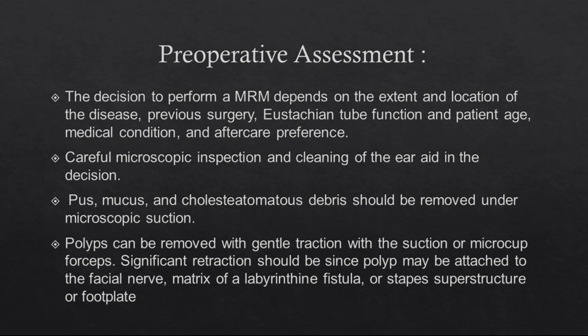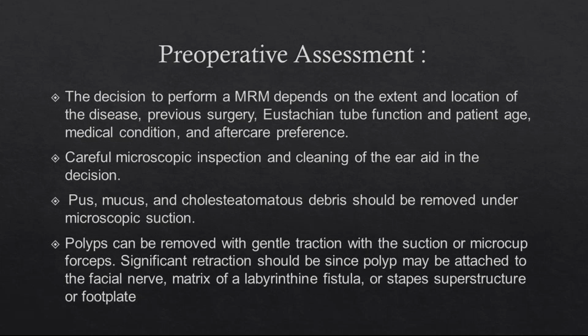So how to suspect that it's a cholesteatoma? The typical purulent, scanty, foul-smelling discharge will tell the diagnosis then and there. So previous surgery history is there. If you have the records of the previous surgery, what the patient underwent, it is very, very good.